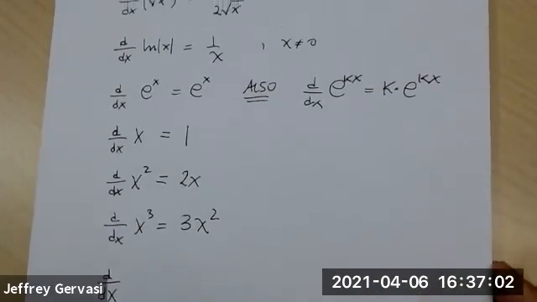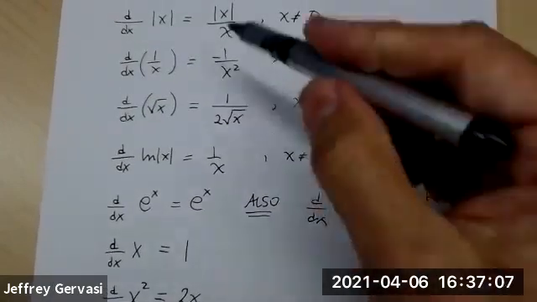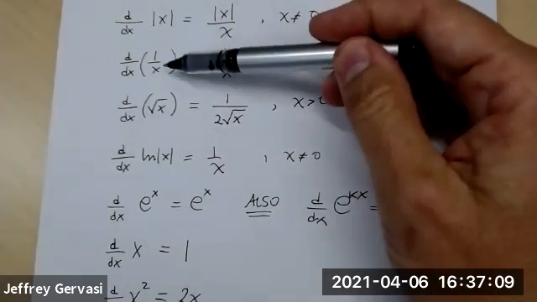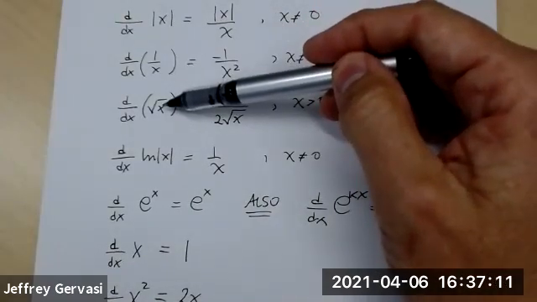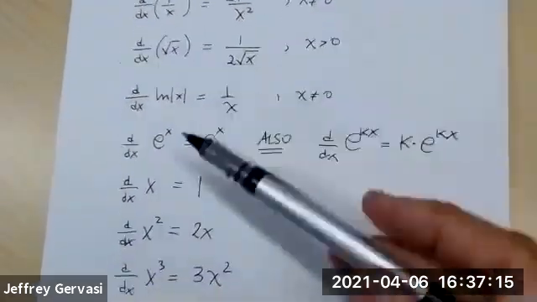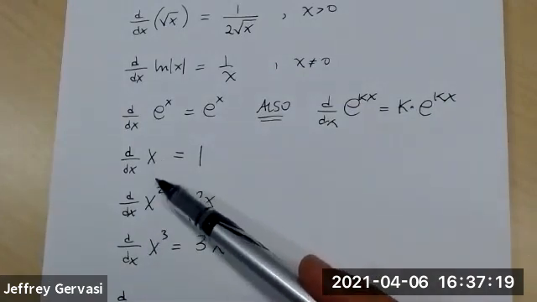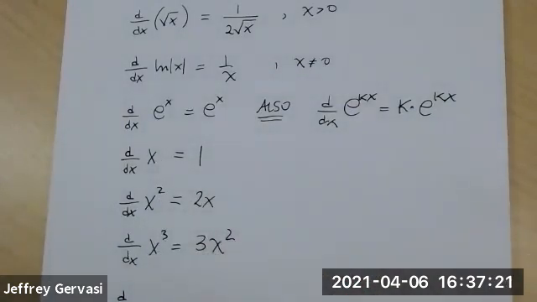Let's see, is anything missing? Do you recognize that list of functions, everybody? Absolute value of x, the reciprocal function, square root function, the logarithmic function, the exponential function. We got the power functions, the identity, the squaring, the cubing. Oh, the constant functions. We know that the derivative of all constants is equal to zero.